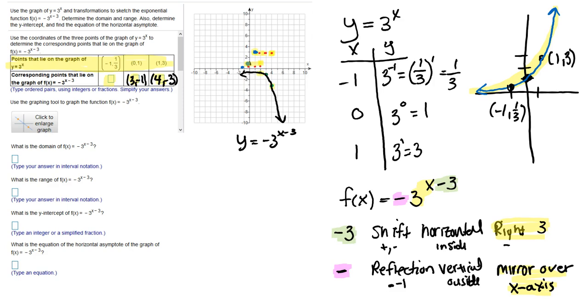But then for the last point, which started right here, at x equals -1, we move to the right 3, that's going to put us at an x value of 2. The y-coordinate was 1/3 above the x-axis. You reflect it to be 1/3 below, so that's going to change to -1/3.